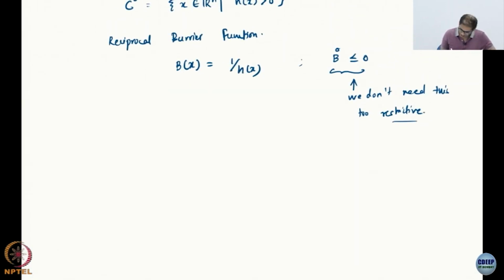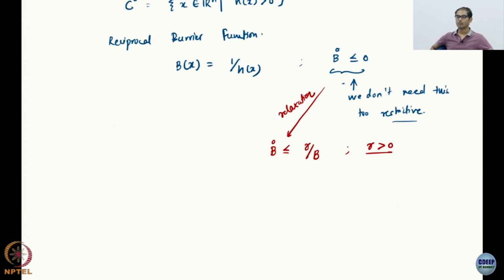Apparently that is not required, this is what some of the research has been. Apparently all you need, this is the relaxation, is that B dot is less than or equal to gamma over B, where gamma is some positive constant. I hope you understand what this equation is doing.